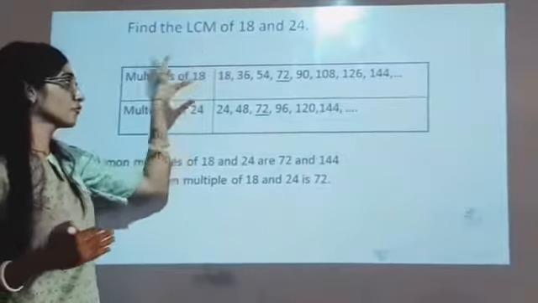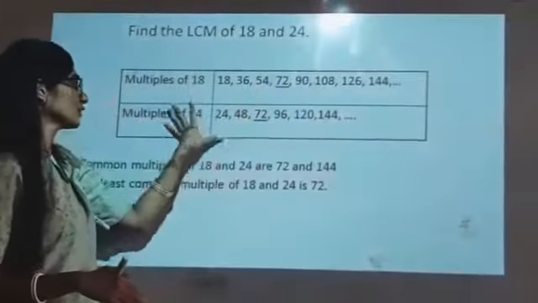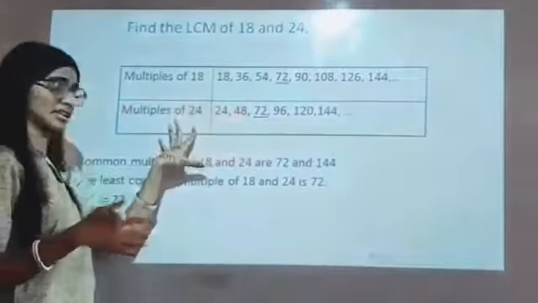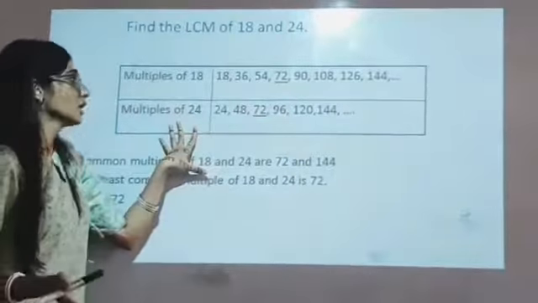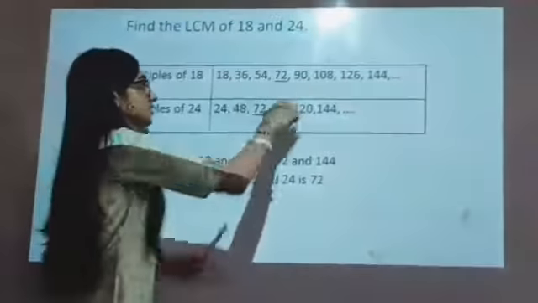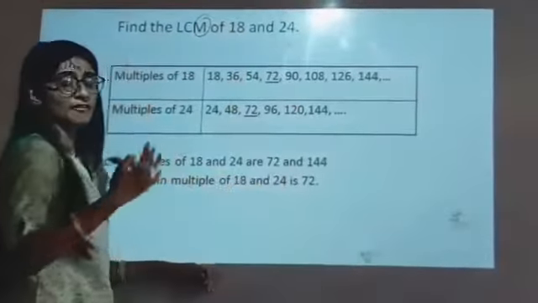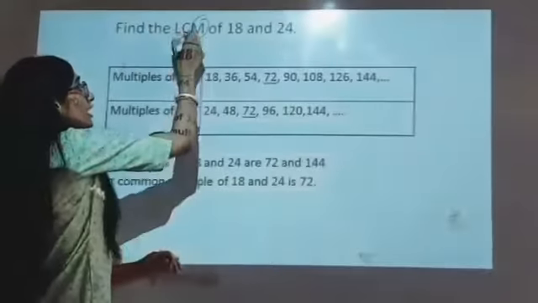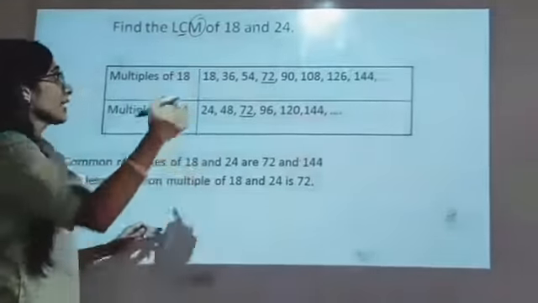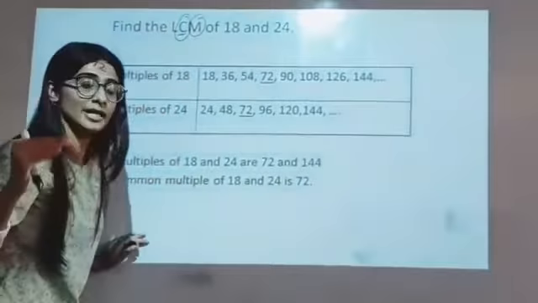So first of all you have to find, as I already told you, the multiples of the first number, then the multiples of the second number, or however many numbers are given to you. Then after finding the multiples you have to find the common multiples, and then from the common ones you have to find the lowest common multiple, right?